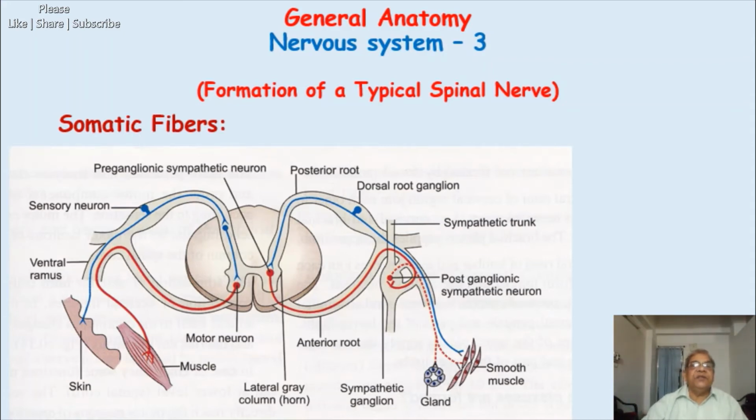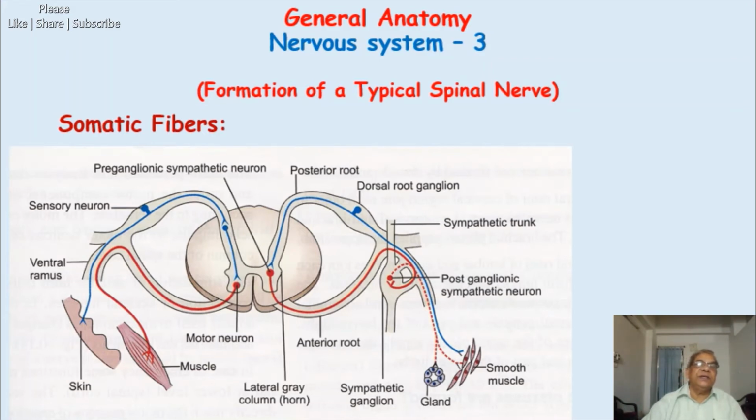When we see the other component, the afferent or sensory component in this diagram, these sensory fibers arise as the peripheral process of a neuron located in the dorsal root ganglion. What is a ganglion? A ganglion is a collection of nerve cells outside the central nervous system, outside the brain and spinal cord.